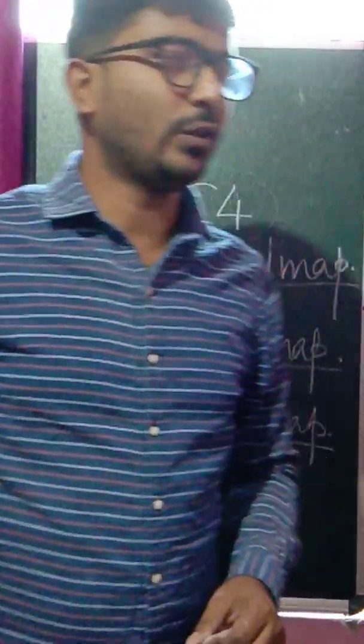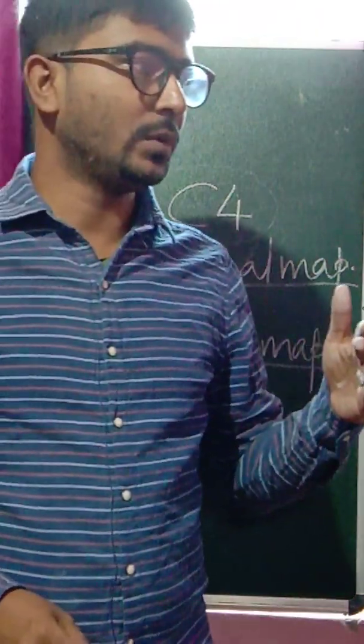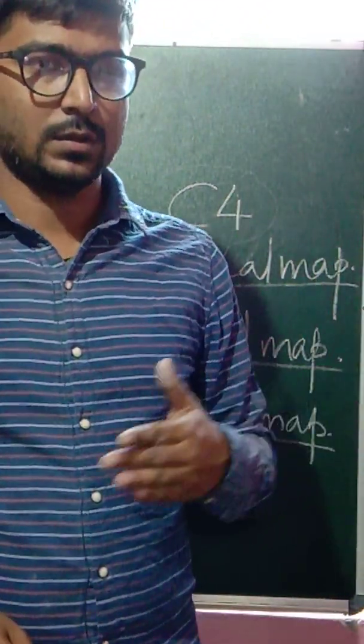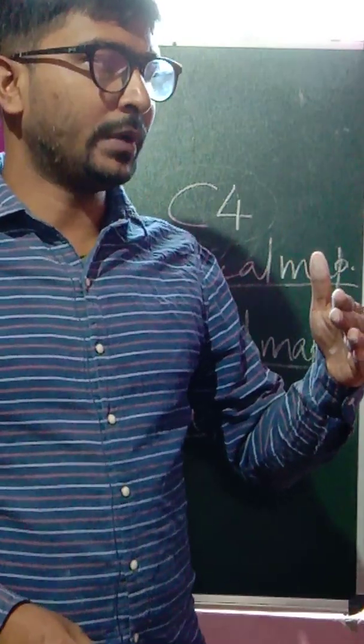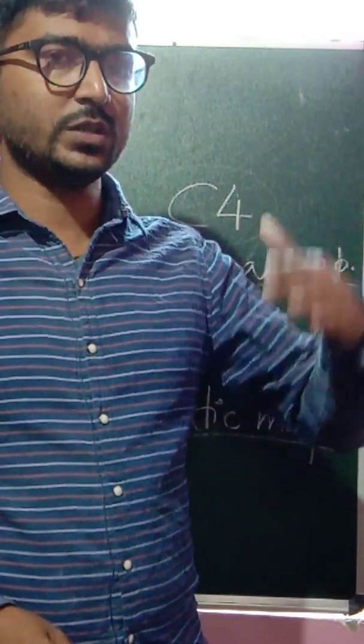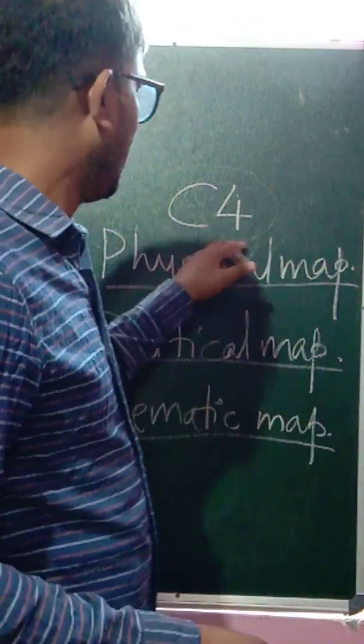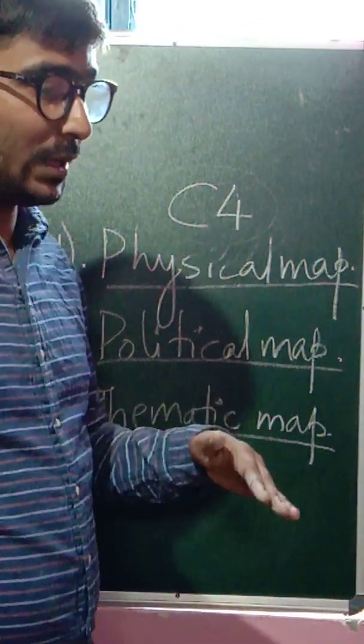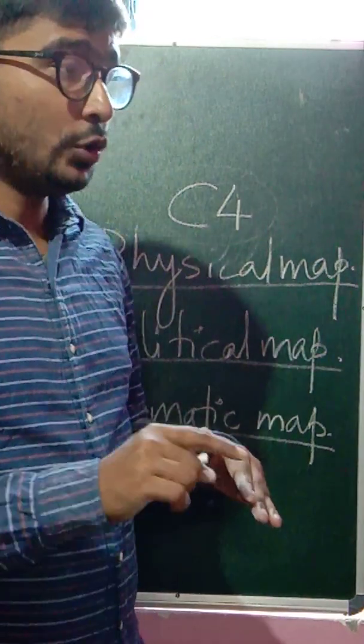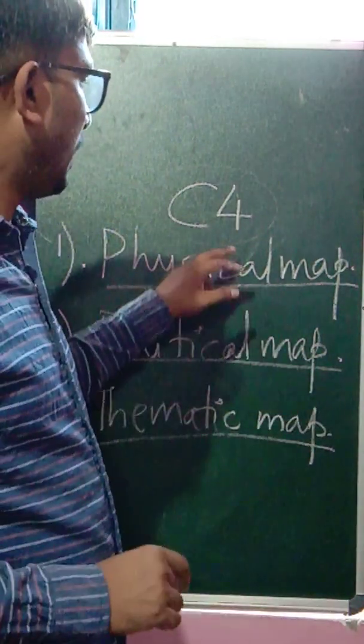From top to bottom, along the border lines, you see A, B, C, D. You'll find A, then B, then C, so here it is indicating C. You go to line C, and then join C with the number 4.